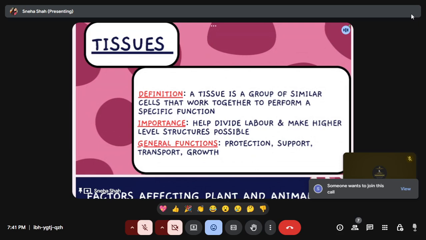Why is the presence of tissues important? It is important because it helps to divide the labor. There is a concept of division of labor in every living organism. Division of labor simply means you are dividing the work that has to be done in your body, and you are distributing it among various parts of your body. Tissues, the presence of tissues allows you to divide that labor.